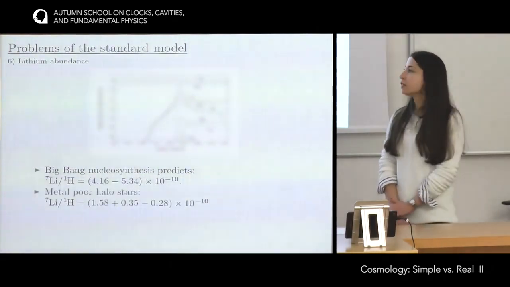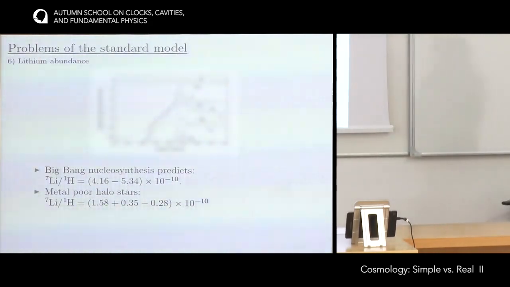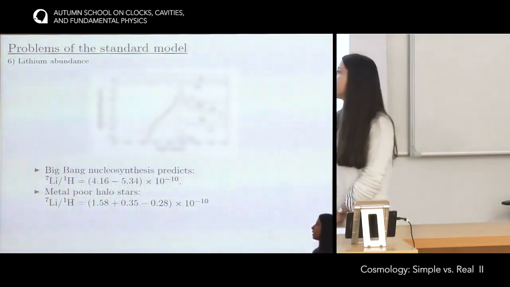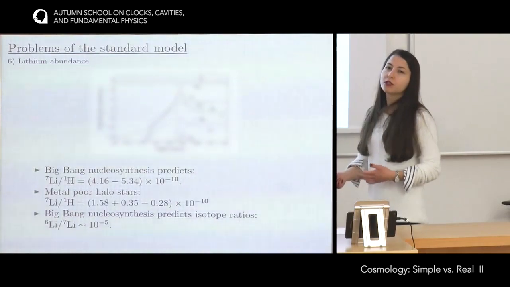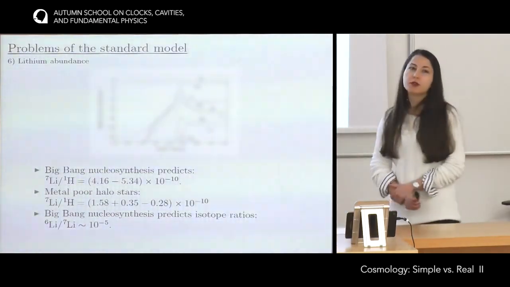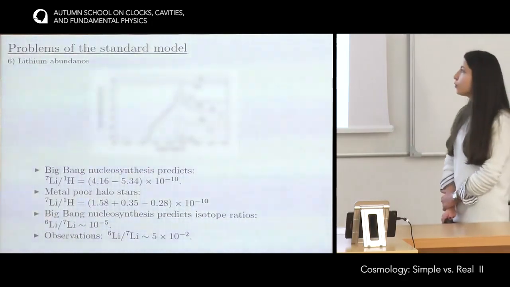And when you look at the data for metal-poor halo stars, you see that what you observe is 3 times less than what you predict. And there's also a problem in the isotope ratio of lithium-6 to lithium-7. You expect it to be of the order of 10 to the minus 5 for the predictions, and what you observe is something around 10 to the minus 2.